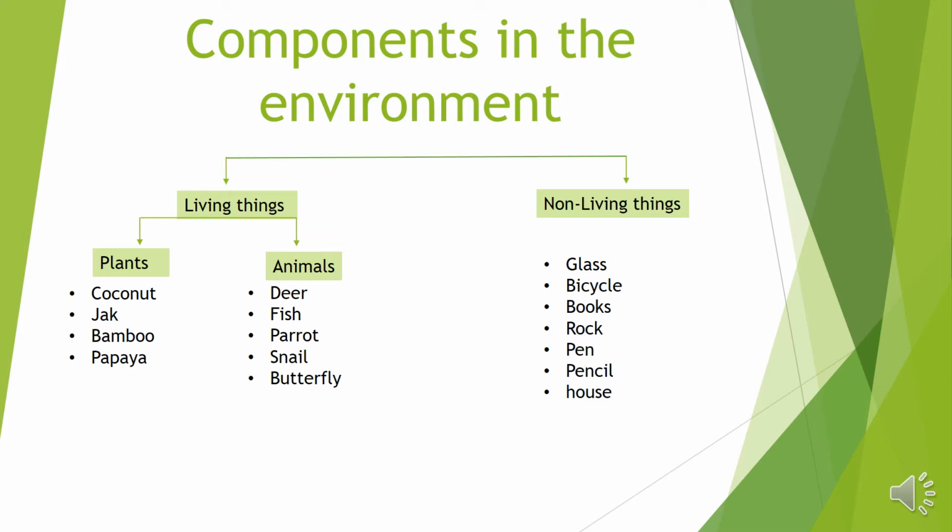And when you talk about animals, deer, fish, parrot, snail, butterfly, all those come under animals. And when you talk about non-living things, you can take glass, bicycle, books, rock, pen, pencil, house, eraser, and everything comes under the non-living things.